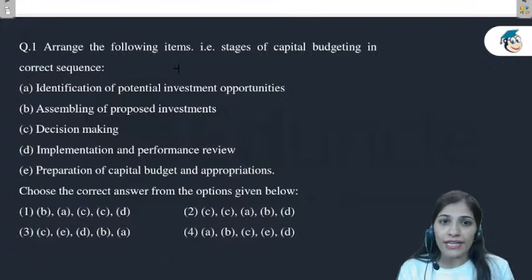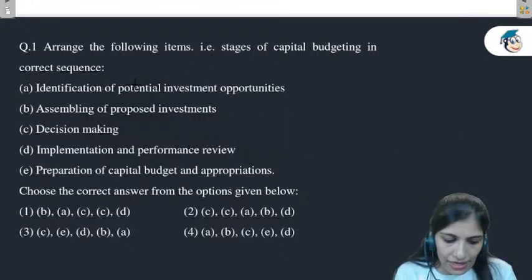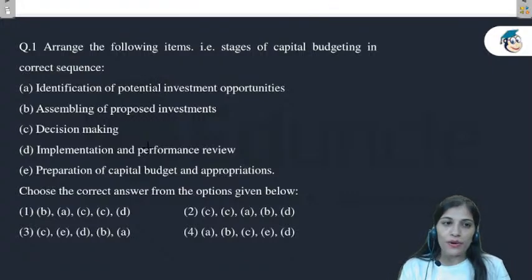Arrange the following items, that is, stages of capital budgeting, into sequence. We have to arrange the following items into proper sequence.